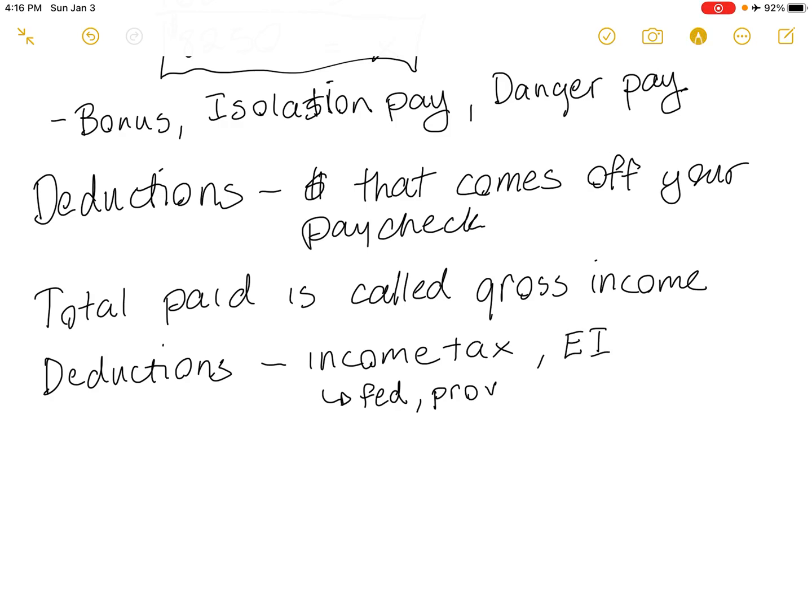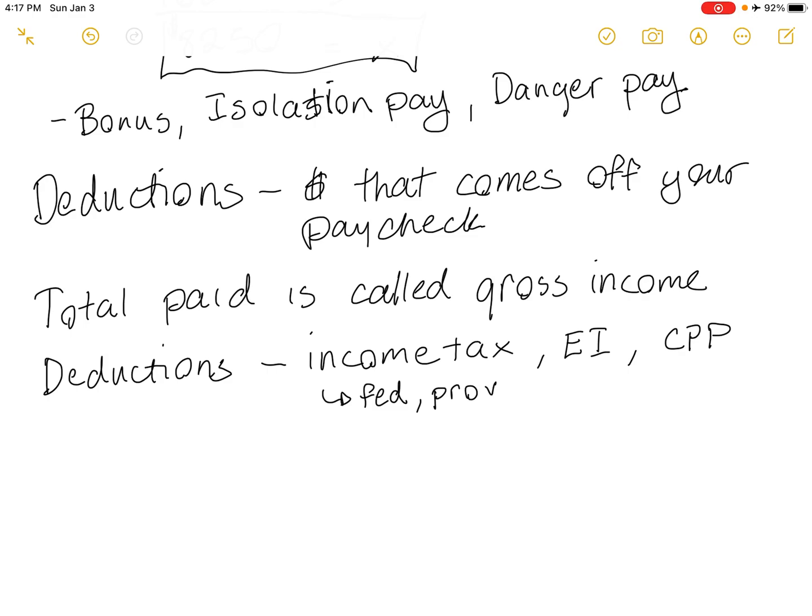Something called EI, which is employment insurance, so that if you happen to find yourself unemployed, then you can get some money for a few months to hold you over until you get a new job. And then the final one is CPP, which is the Canada Pension Plan, so that when you turn 65, you can get some money from the government every month. Okay, but there are other deductions that a lot of people have to pay as well.